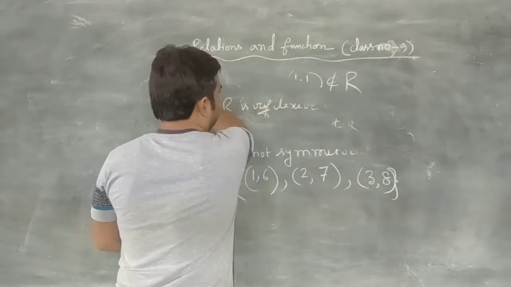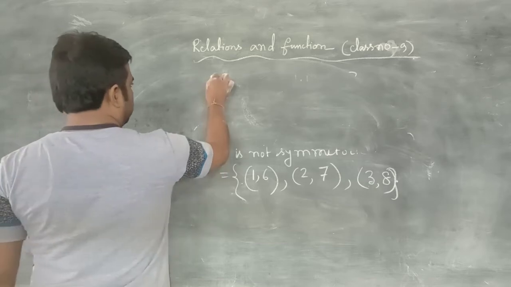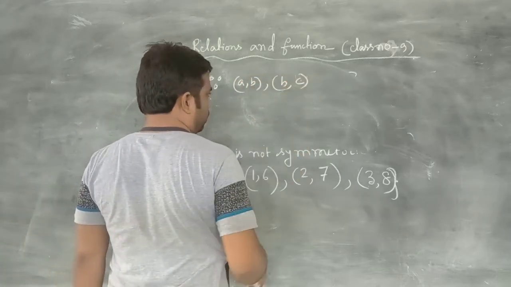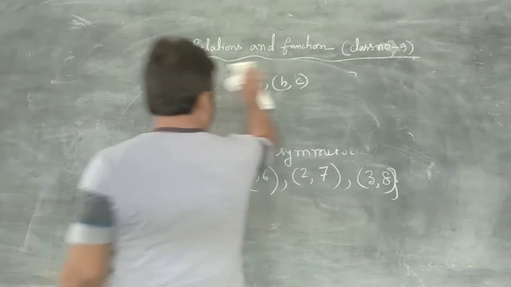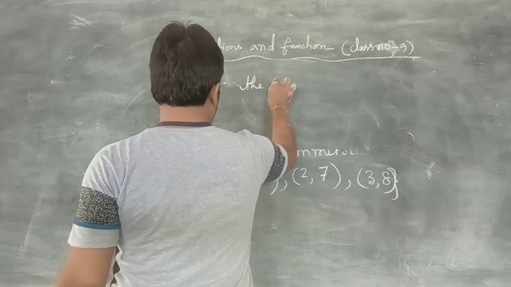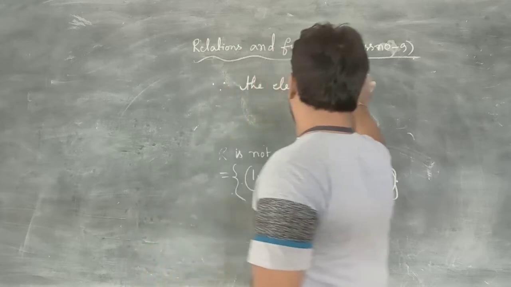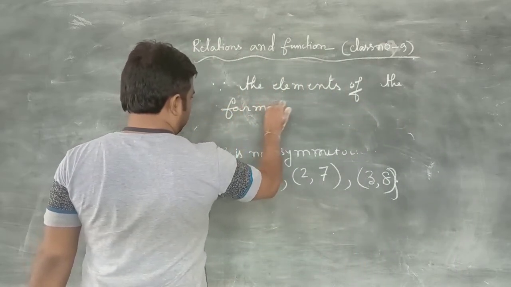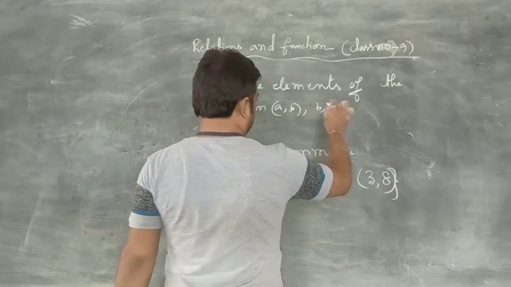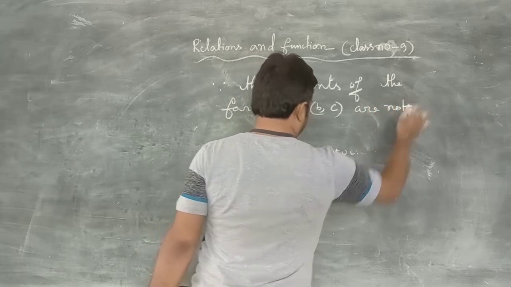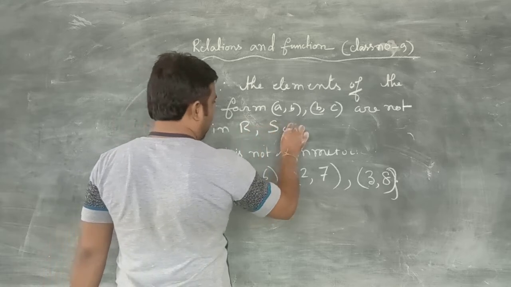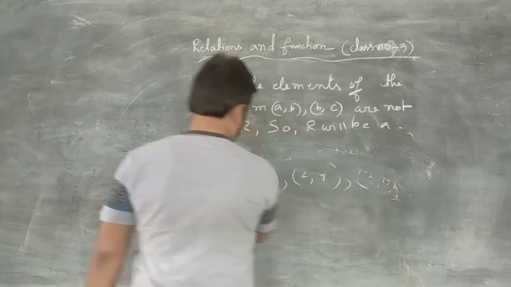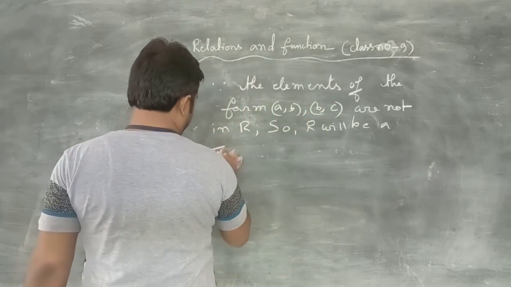So we shall write here: since the elements of the form (a, b) and (b, c) are not in R, R will be a transitive relation.